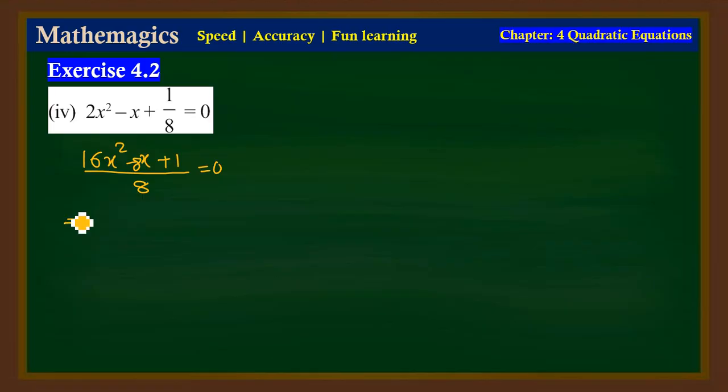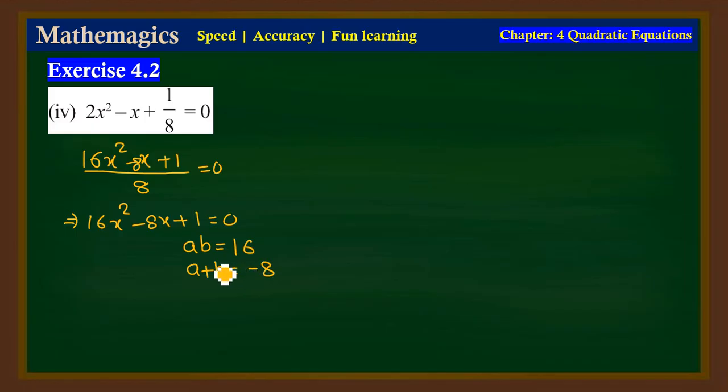So it implies that here 16x square minus 8x plus 1. This 8 will be transposed there, and 8 times 0 is 0. So directly, dear friends, we have the easiest form of this quadratic equation. Here we will be taking a into b is equal to 16 ones are 16, and a plus b is equal to minus 8.